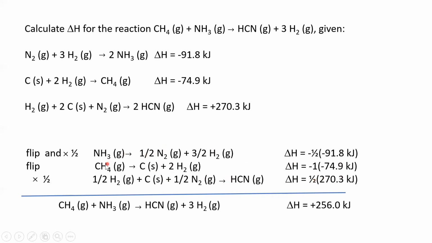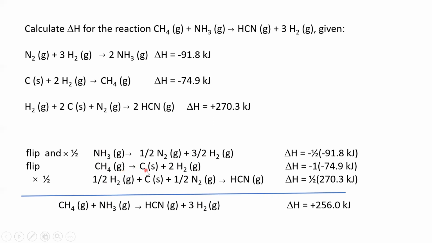So that's going to leave us with CH4 plus NH3, the 1/2 H2 and the 3/2 H2 cancel out, and we end up with 3 H2 on the product side.